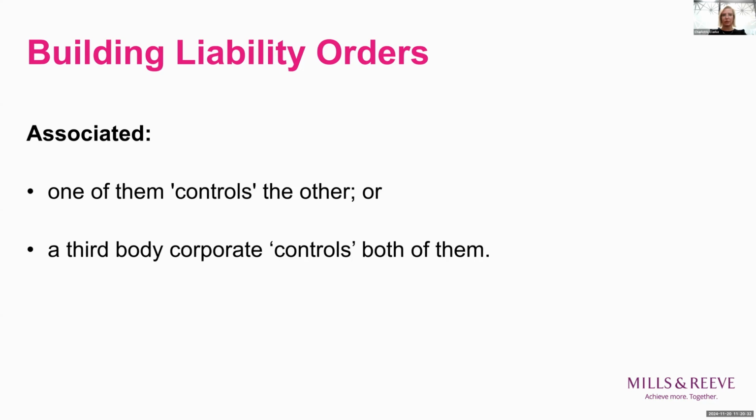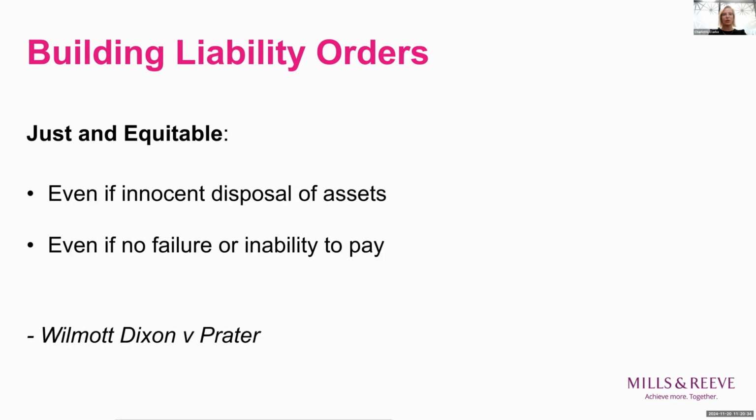So the last requirement really is that a High Court may make a building liability order if it considers it to be just and equitable to do so. As Neil's already explained, the BSA does not define what just and equitable means, so it's going to be interpreted on a case-by-case basis. So we've seen the recent case of Wilmot Dixon v. Prater, where a defendant brought a BLO against another defendant in Part 20 or contribution proceedings.